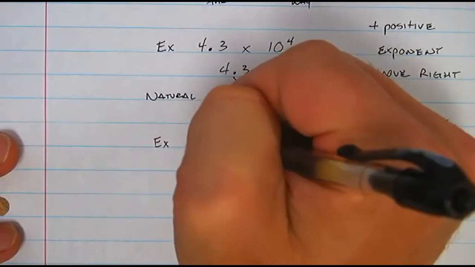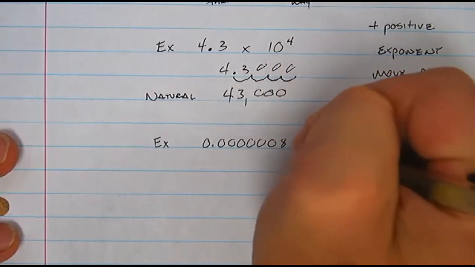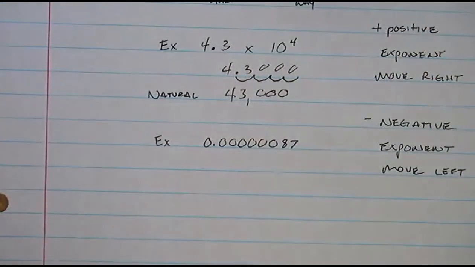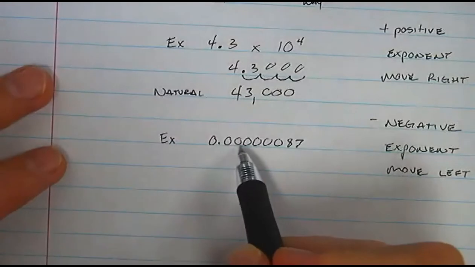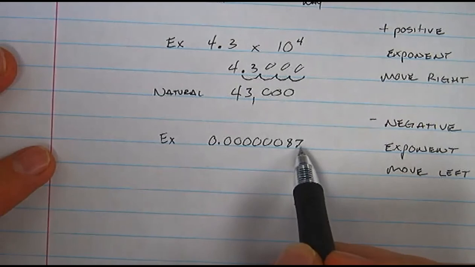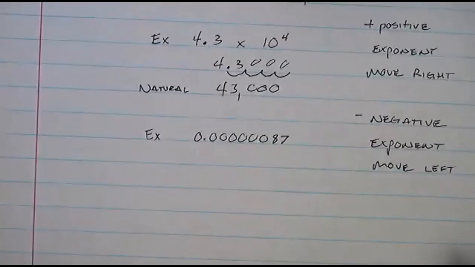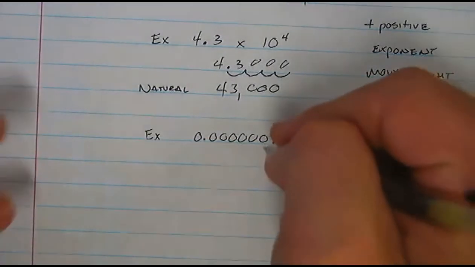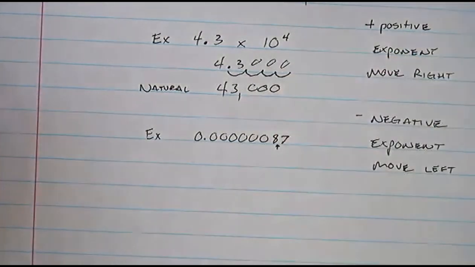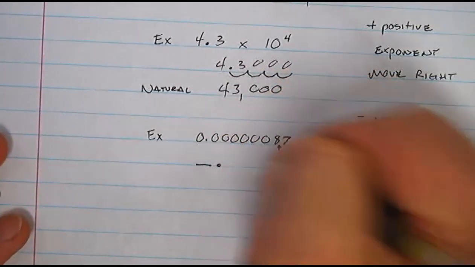And then one more, just to go the other way with it. Let's say we have a very small number. That is tenths, hundredths, thousandths, ten-thousandths, hundred-thousandths, millionths, ten-millionths, hundred-millionths. So that's 8,700 millionths. We want to change that back into scientific notation because we don't want to repeat this every time. The first thing is to recognize that we want that decimal right there. There always needs to be one number in front of the decimal and then whatever behind it.